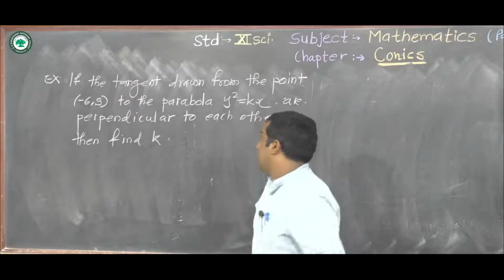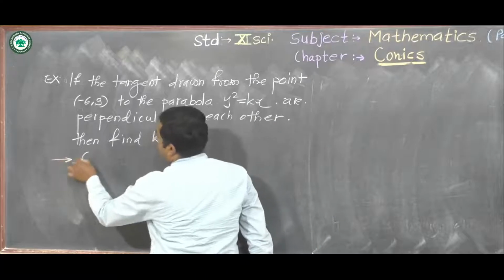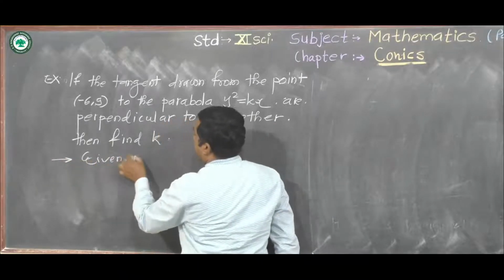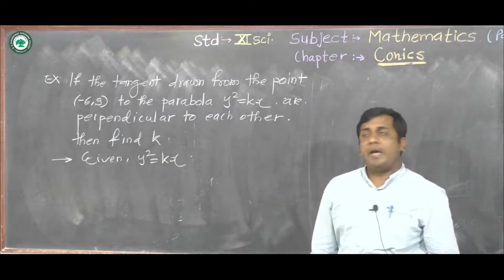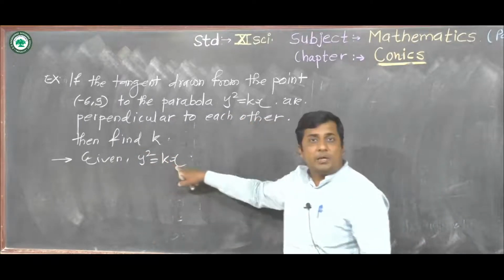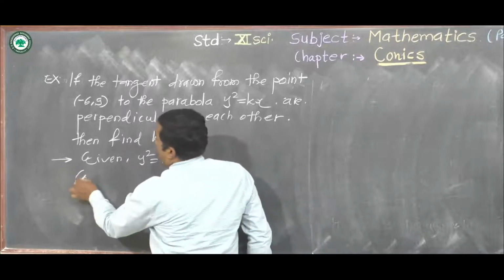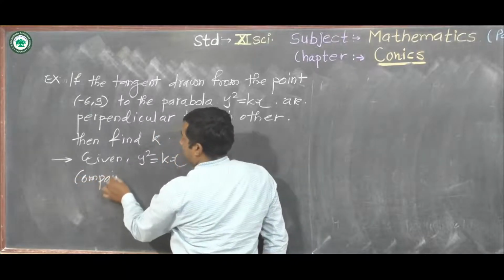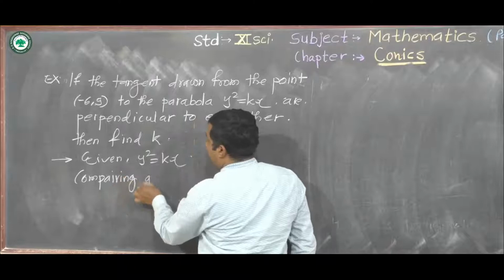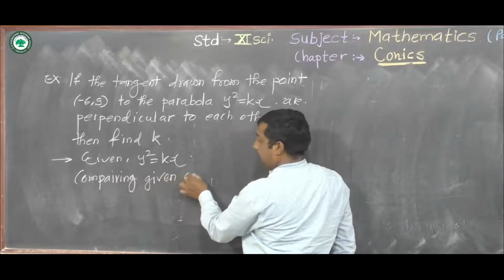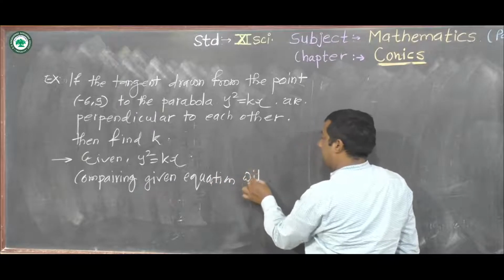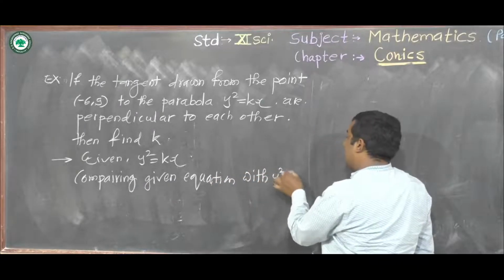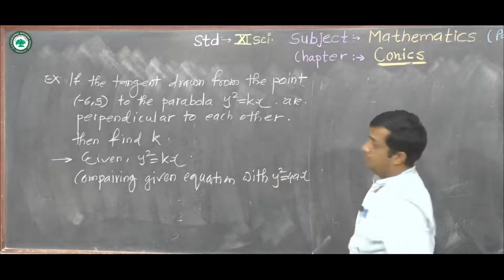So we consider the given equation of the parabola, y square is equal to kx, and compare it with y square is equal to 4ax.